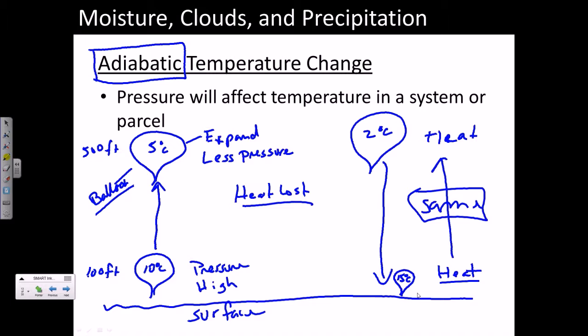We haven't lost any heat from the system. We've just changed the volume of the system, and that has caused, depending on where the balloon is moved, cooling if it's moved up, and heating if it's moved down. And it's this kind of vertical motion that ends up creating a lot of severe weather that can account for supercells and tornadoes and even hurricanes.